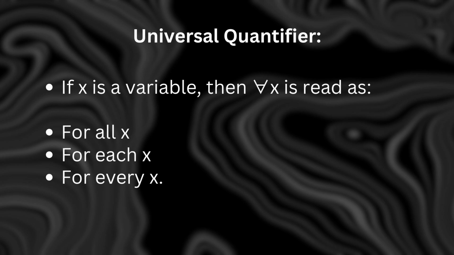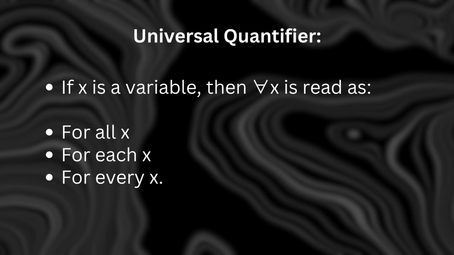For example, consider the statement for all x where p of x implies q of x, where p of x and q of x are predicates. This can be read as for all x, if p of x is true, then q of x is true. This means that the implication holds for every individual x in the domain. It is also important to note that in the context of the universal quantifier, the implication symbol is commonly used.